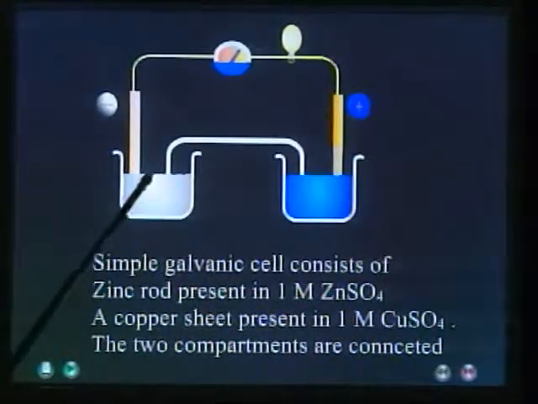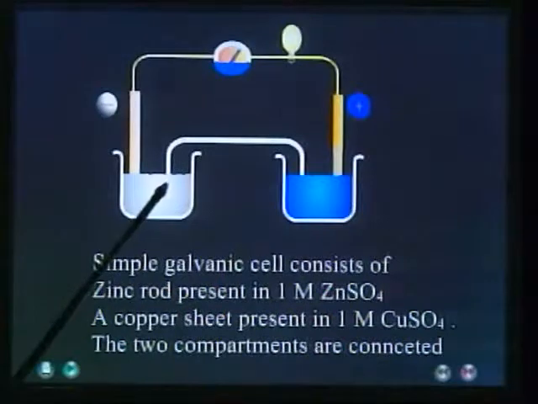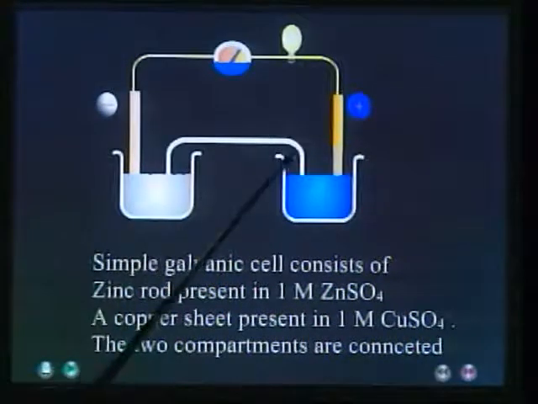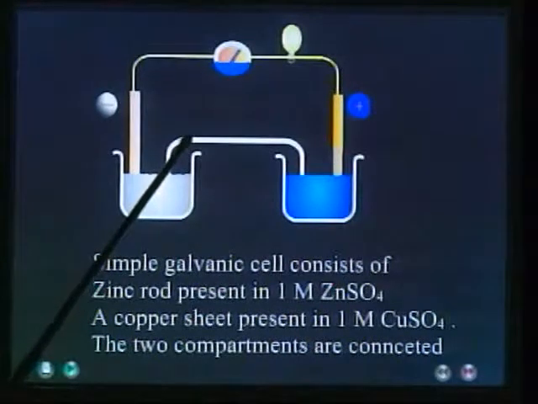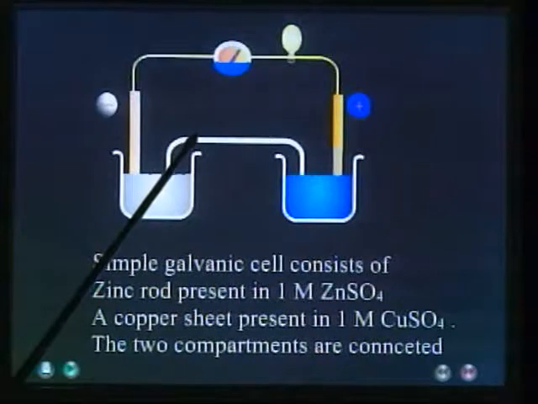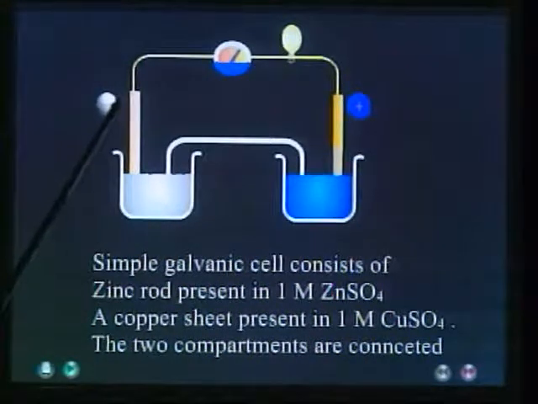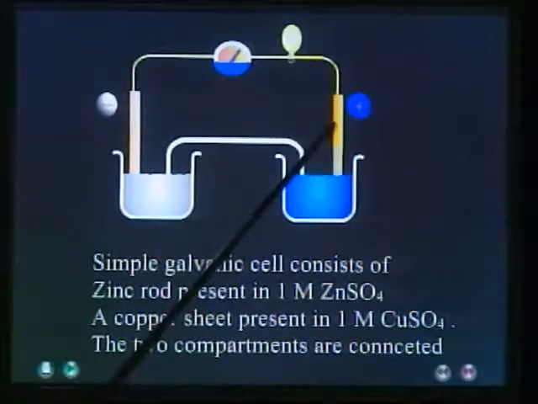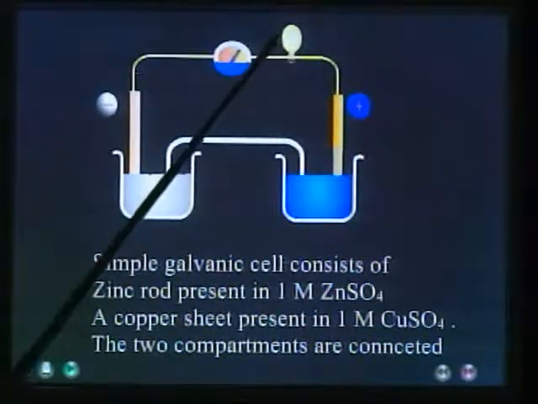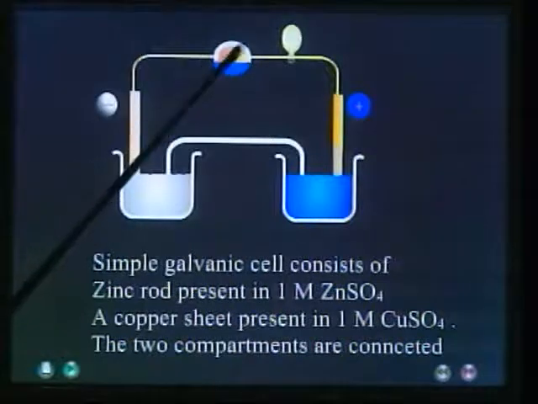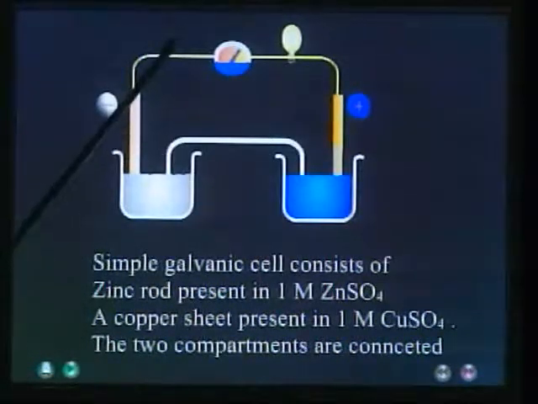The two compartments are connected by a U-shaped tube, as shown in the diagram, which is known as a salt bridge. The salt bridge generally consists of KCl in agar-agar. The zinc and copper rods are connected to each other using a bulb and voltmeter in the circuit. Remember, in this circuit no external battery is used.